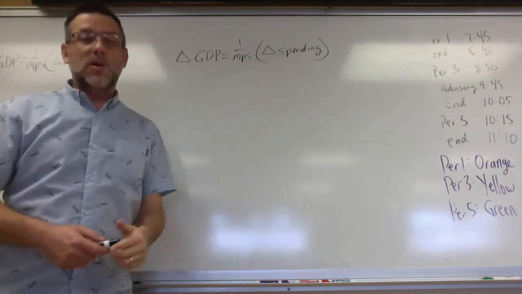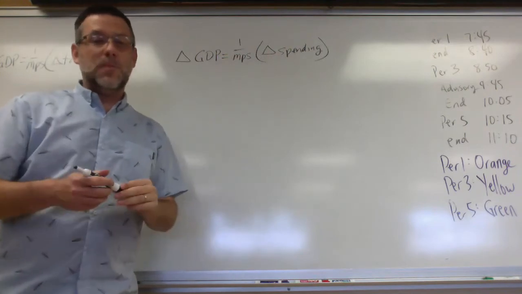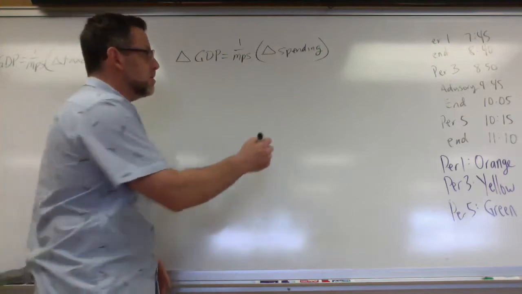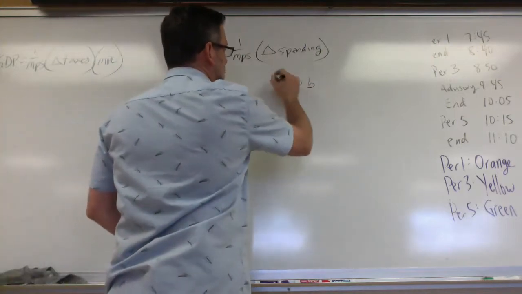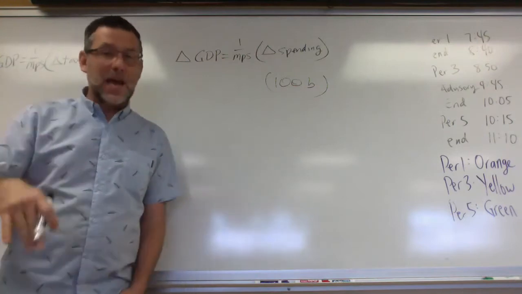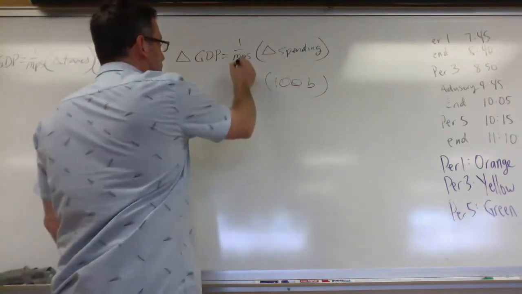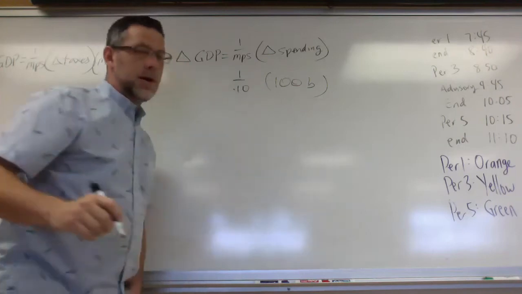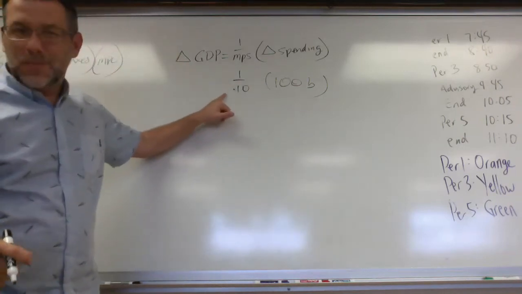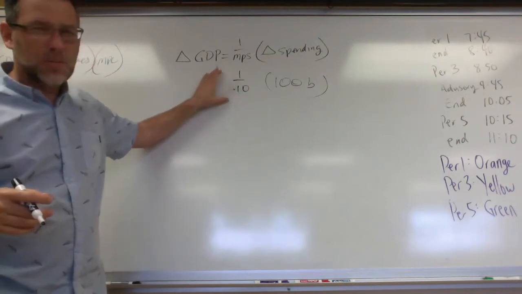All right. So if the government decides that they want to spend, let's say, $100 billion, and let's say that people save 10% of the money that they get. So 1 over 0.10, right? Well, a good way to think of this, something that helps me, is I think of this in terms of money.